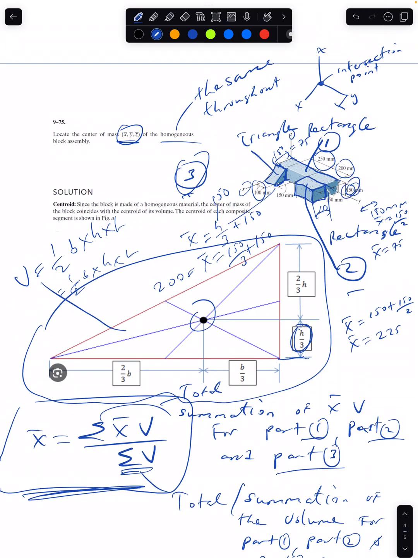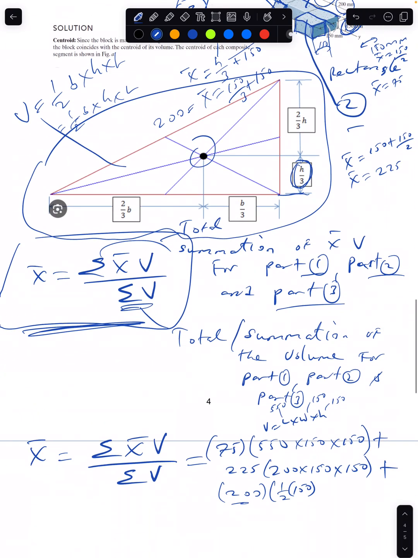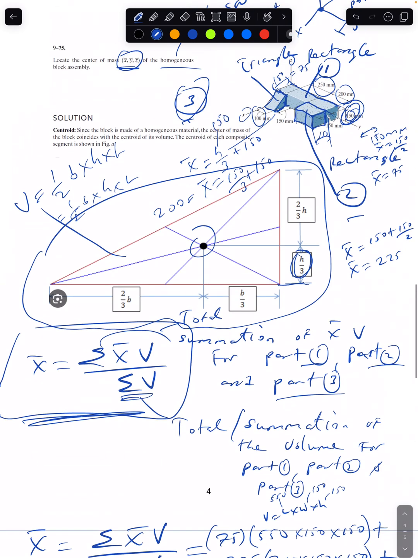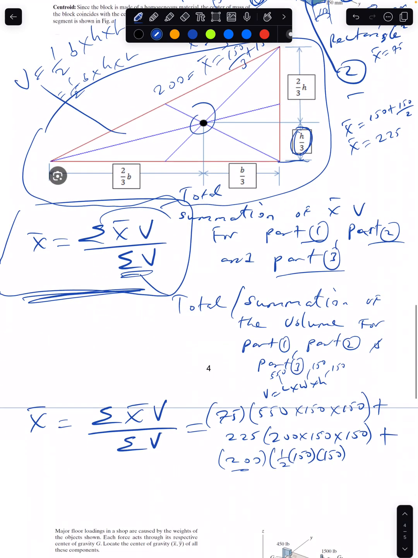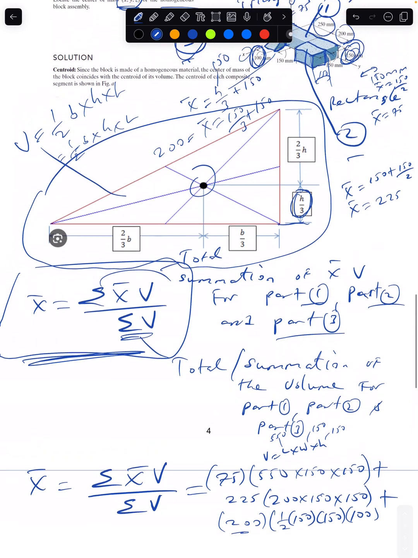The height is 150. And what is the length? The length is this side, which is 100. And that is how I get my x bar and the volume for the respective parts from the reference point.